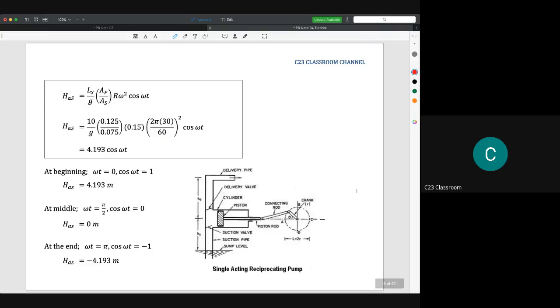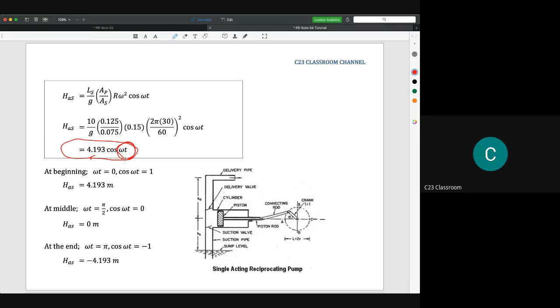Okay. And then we substitute all the values here. So we found that it is equal to 4.193 cos omega t. Omega t is the variable that can be substituted because we have three conditions, which are the beginning, middle, and the end of suction.